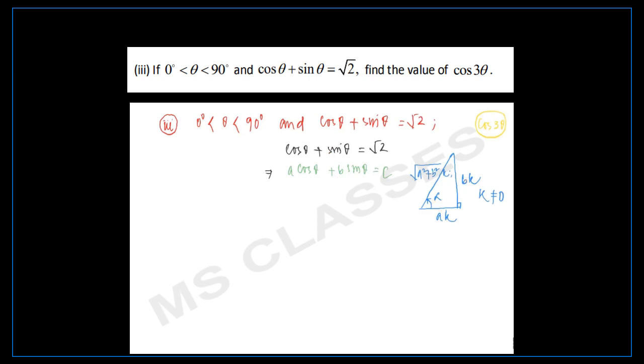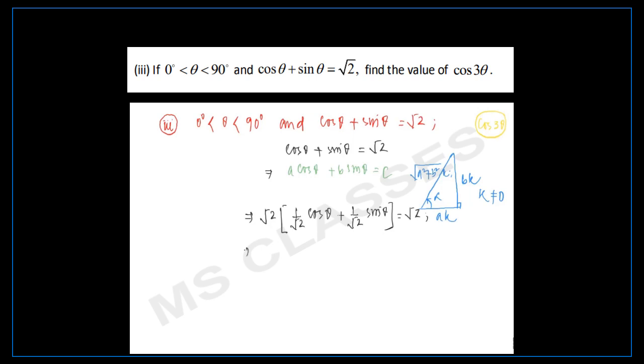But in our case, A and B both are equal to 1. So by what will we divide? Root over 1 square plus 1 square, that is root 2. So we divide by root 2 and multiply by root 2. 1 by root 2 cos theta plus 1 by root 2 sin theta equal to 1.